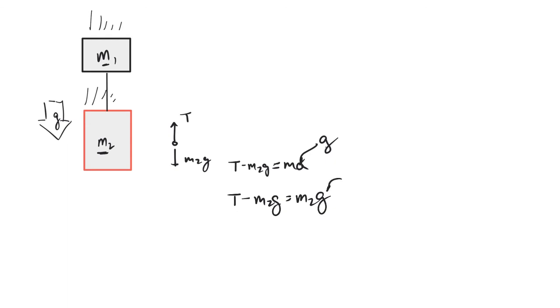But g is downwards, and I've made this negative, so my acceleration is negative. So that's going to be T minus M2g equals negative M2g, which means T equals 0. When you drop it, there's no tension in the cable. There's nothing to provide tension in the cable. The top box is moving downwards at the same speed the bottom box is. So that's number 6.